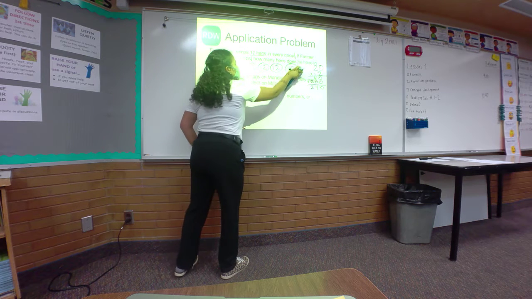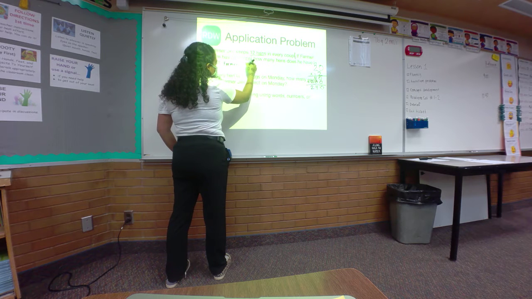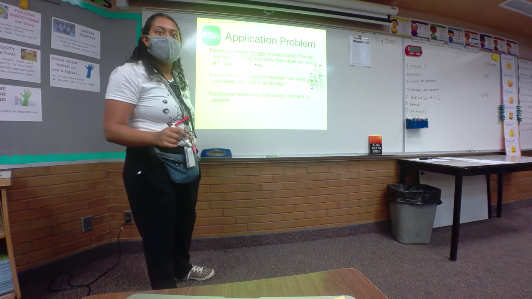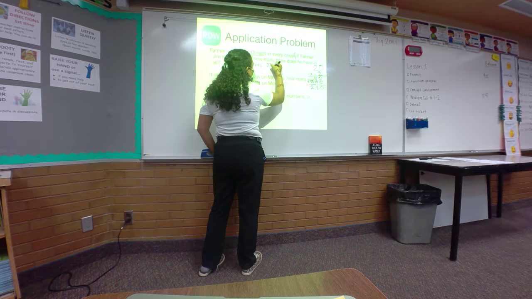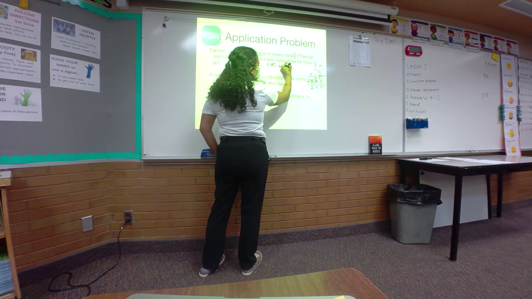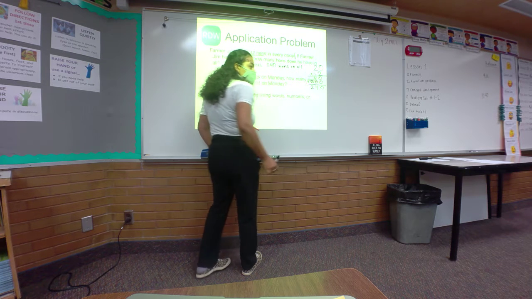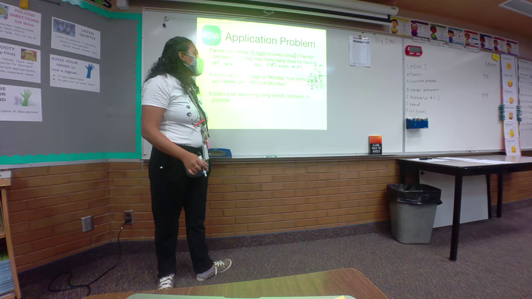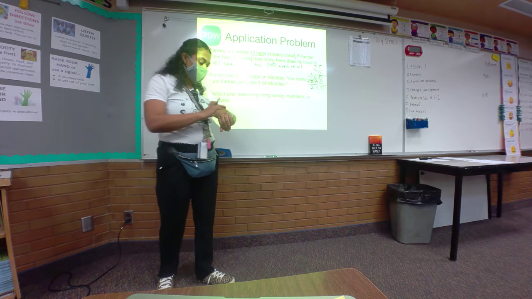Okay, let's write it down. Farmer Jim has 240 hens in all. Period. Okay. Next part, ready?